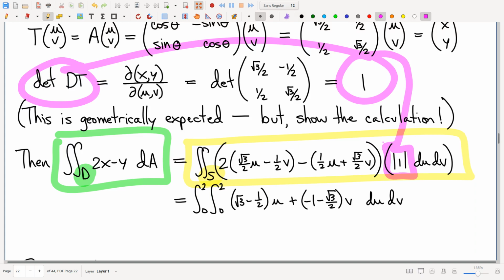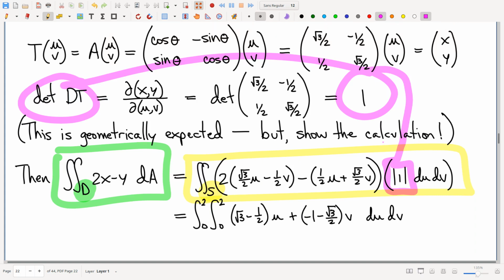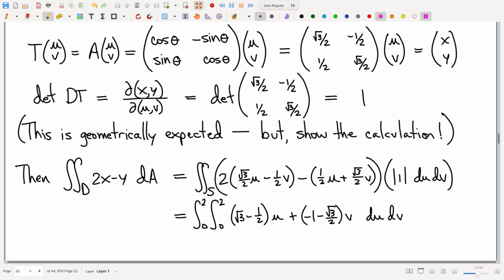And don't forget to plug in the formulas for x and y. And those, again, are explicitly given in the change of variables function itself. This x right here, after all, is the first coordinate of the output, which is that dot product, which I therefore put right there.